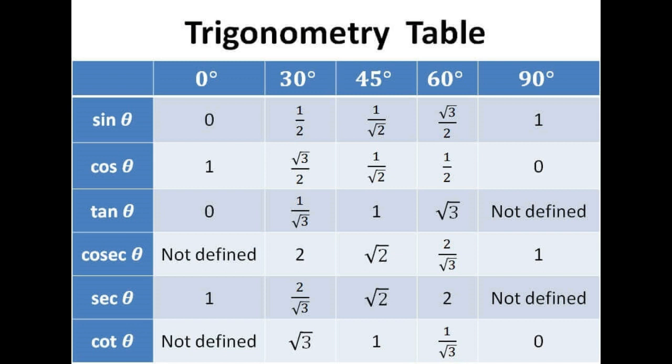Because 0 is in the numerator, so it must go in the denominator in the case of cosec. So we will write 1 upon 0, and whatever we write in the denominator, if it is 0, then the value will be not defined.